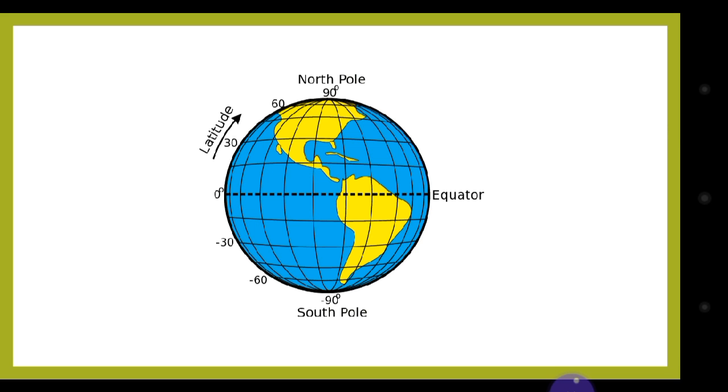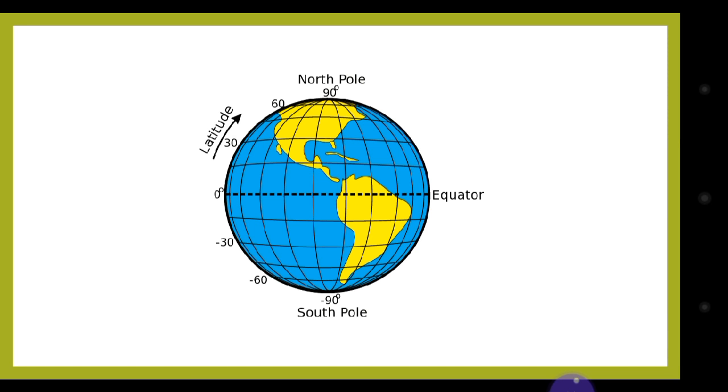mid distance of the earth, and it is measured in degrees, as you see on the left hand side. The north pole is the upper level of the earth and the south pole is the lower level in this picture. The area close to the equator, or 0-degree latitude, receives the direct sun rays, so the climate is warm here.